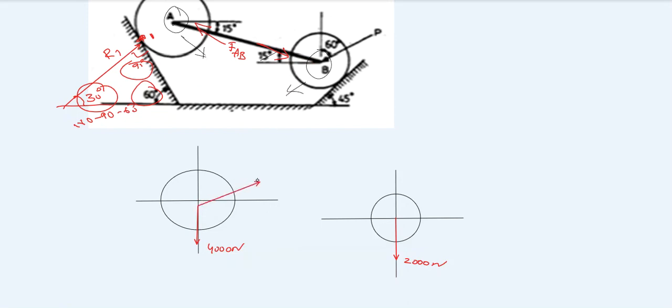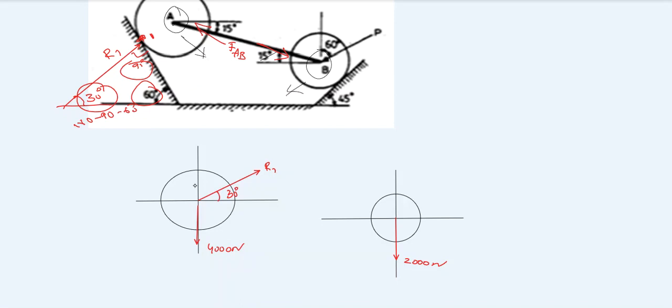So let me draw this 30 degrees force. We have 30 degrees with the horizontal. The force is R1.